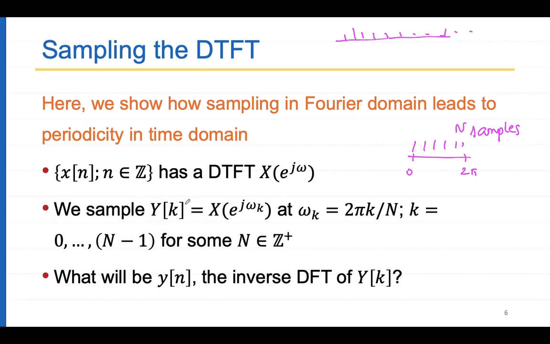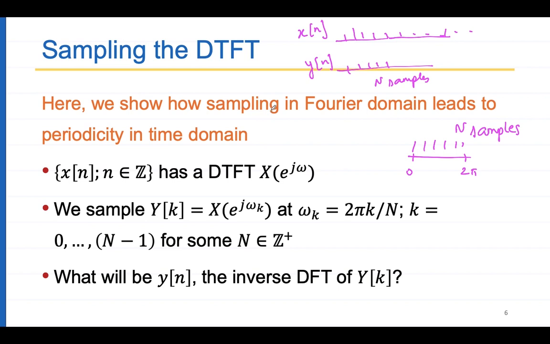So I obtain y[k]. Now if I take the inverse DFT of y[k], how will my y[n] look? Remember, my x[n] was potentially infinite, but my y[n] will have only capital N samples because it is the inverse DFT of y[k], which only has capital N samples. And I want to know what is the nature of these capital N samples.